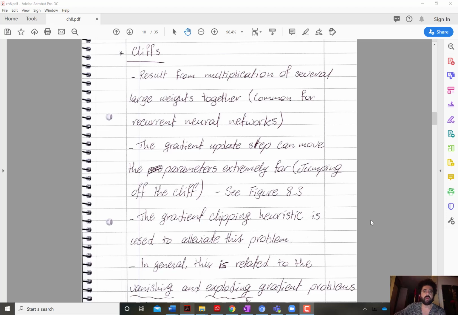Hi everyone. So last time we discussed two features that could be problematic in terms of how the cost function looks in the parameter space, which are local minima and saddle points.